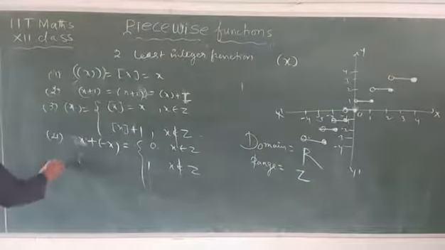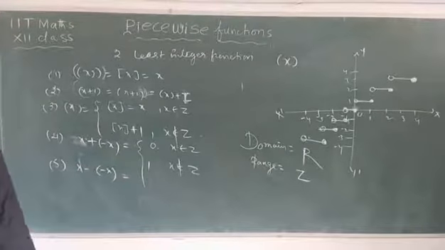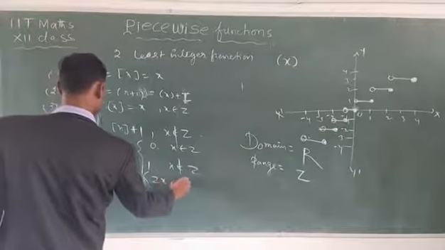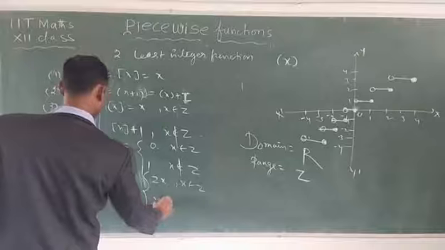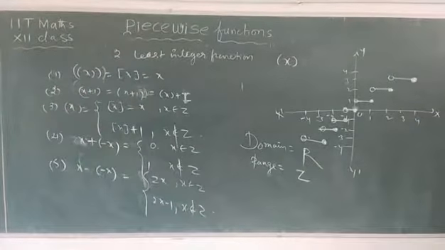Now fifth one: minus x minus step of x is equal to 2x when x belongs to Z, and 2x minus 1 when x does not belong to Z. Note it down.